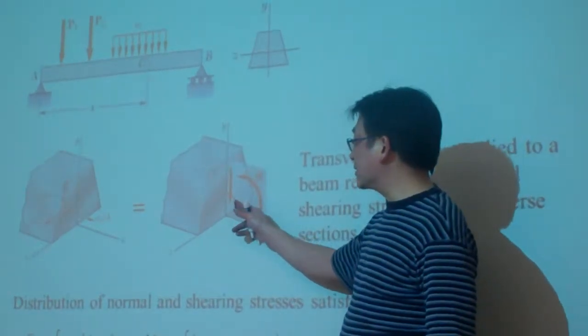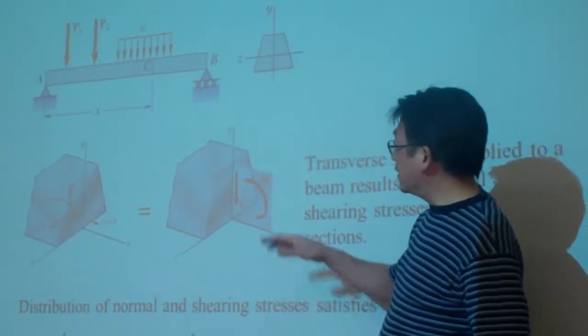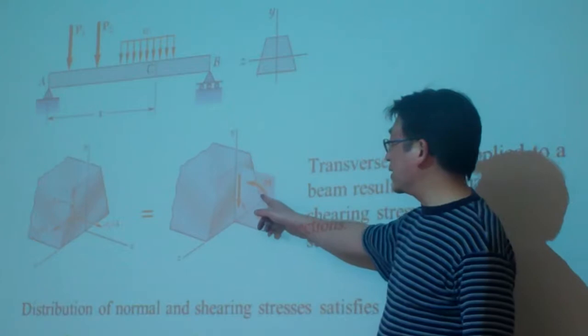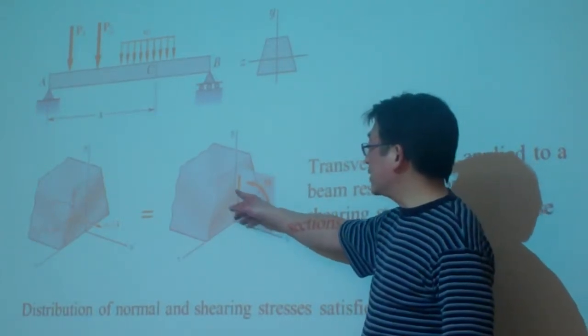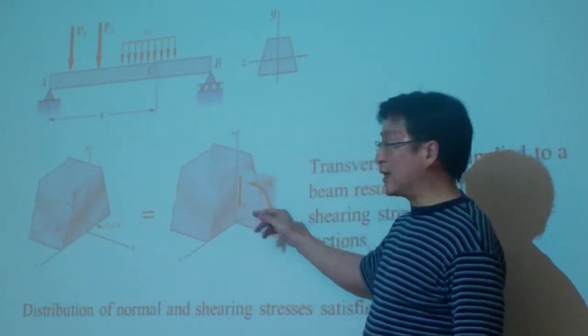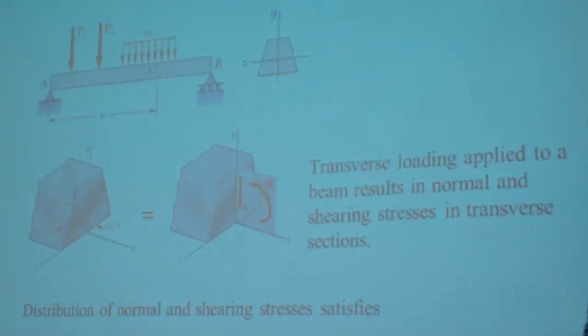They will be dependent. So for our formulation, we will try to relate M to V, such that the cross-section is subject to V only, and that will give us this equation.